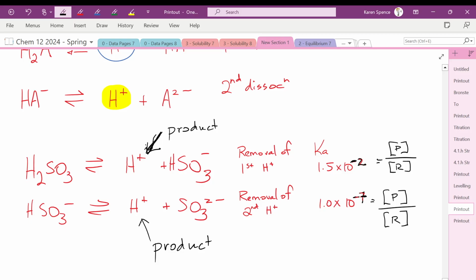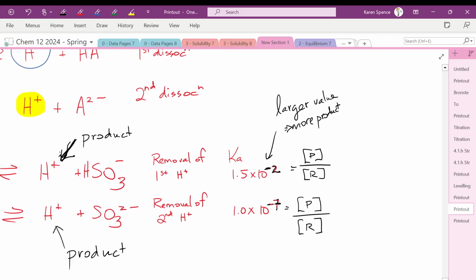First one was removed more easily because you get more product. Yeah? Right? Larger value, more product. And since H plus is a product, the H plus came off more easily.